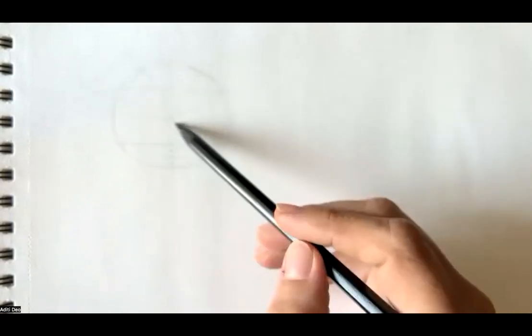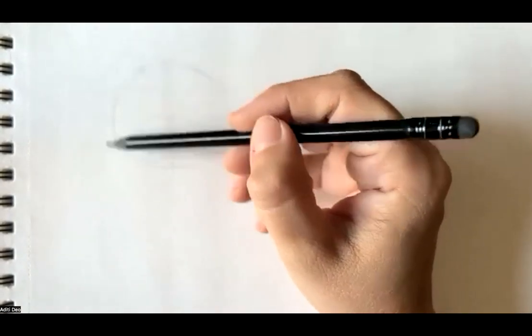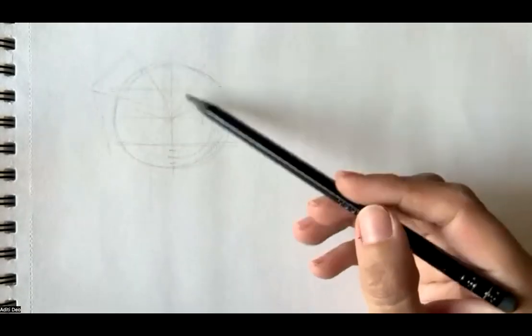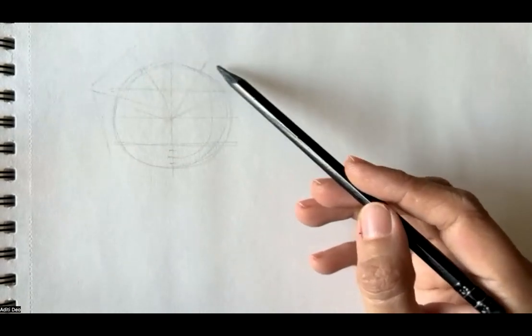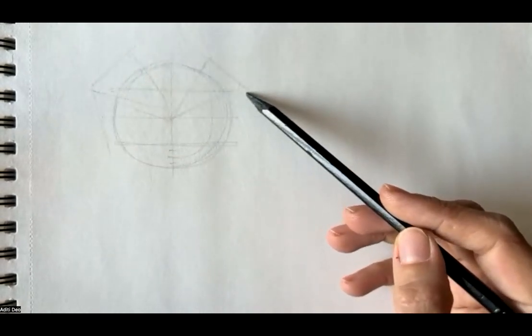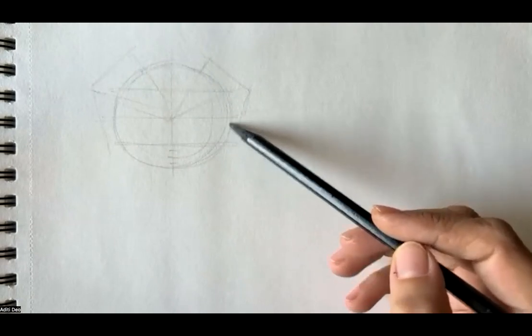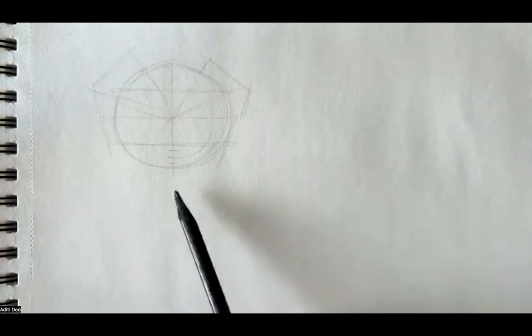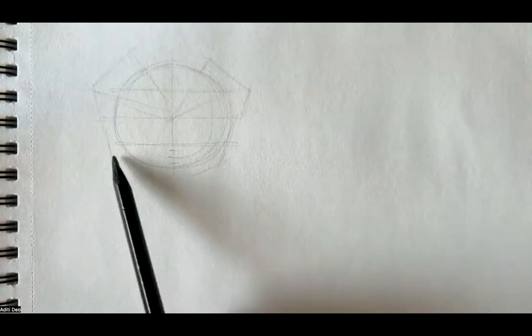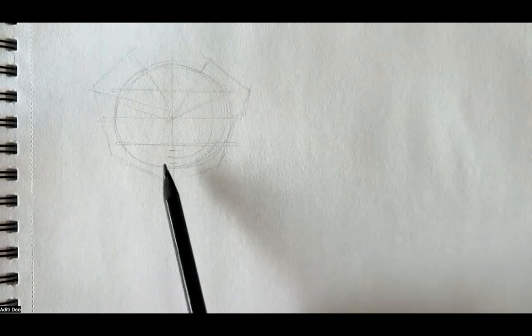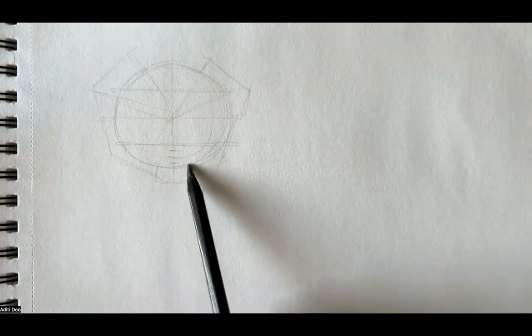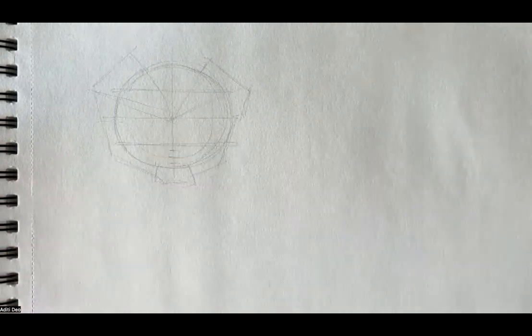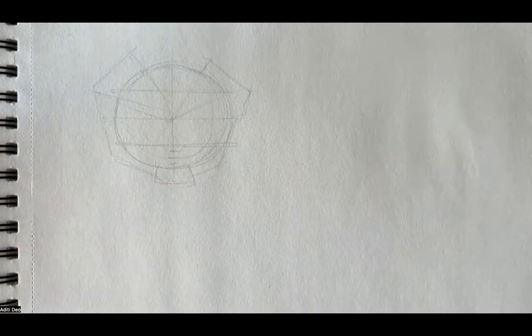Remember, the lines are there only as a guideline for you if you need them. But if you feel that there are some lines you don't need because you know what the proportion is, you can see it and you can stake it on paper without having to refer to the lines, then go ahead and do it. Do trust your eyes, trust your judgment.